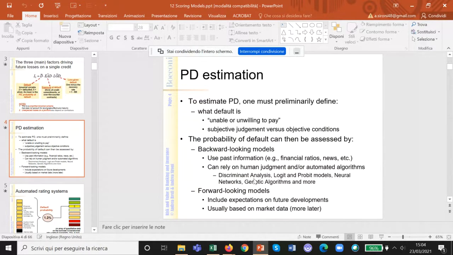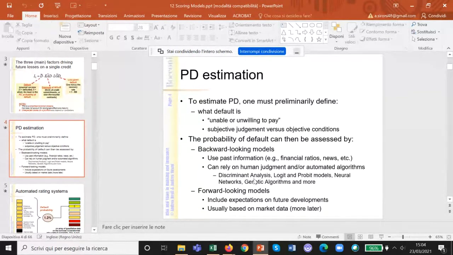So when we want to estimate the probability of default, the first key point is how we define default. And here there could be more objective criteria, like, for example, when there is a delay in payments of capital or interest payment, or a more subjective one, like when the bank thinks that the borrower is now unable or unwilling to pay, okay?